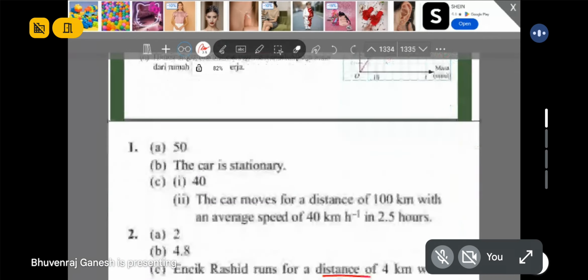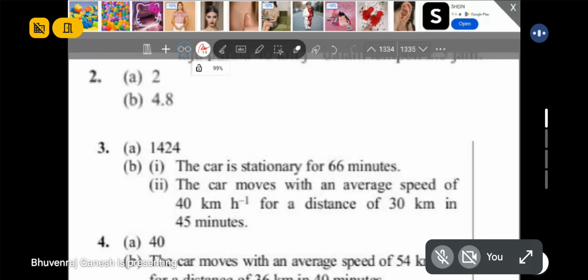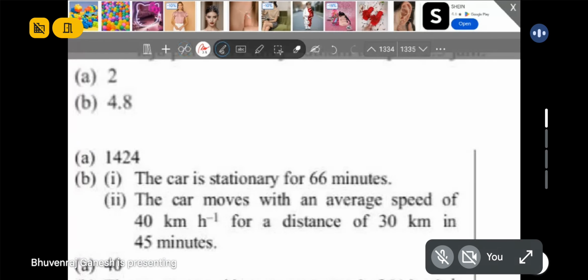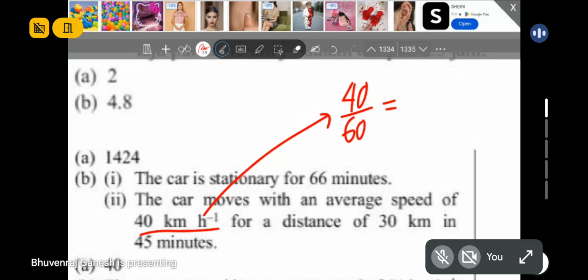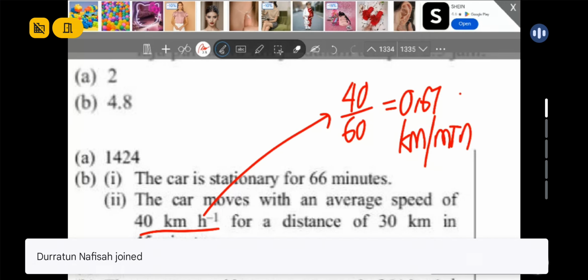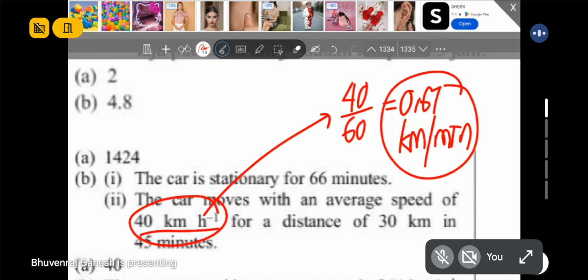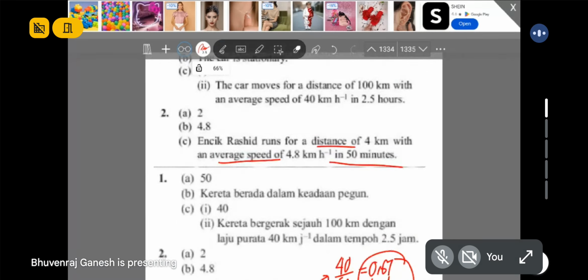You can see the answer here. This one is per hour, but you can convert to minute, guys. If you convert to minute, you will get the same answer, 0.67 kilometer per minute. Faham, guys? So you can either give this one or this one. Pilih salah satu. And then distance and time. Okay, next one.